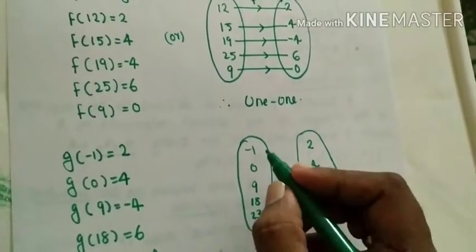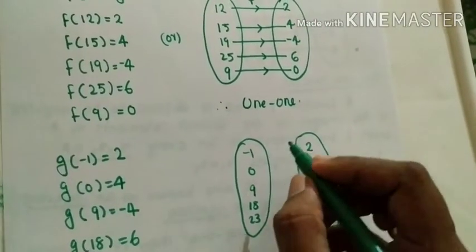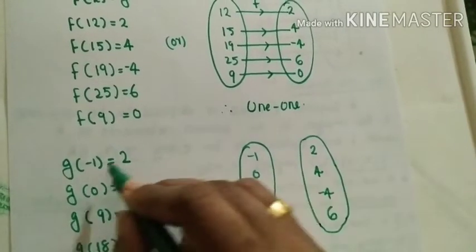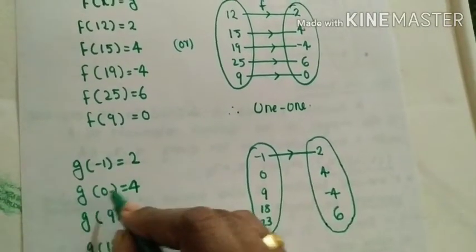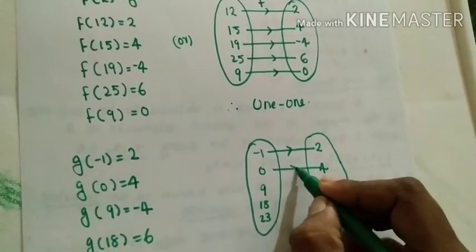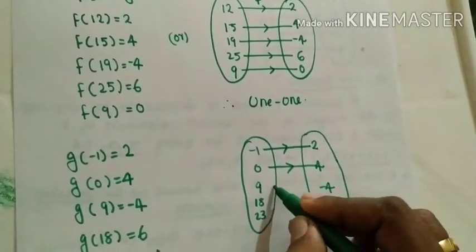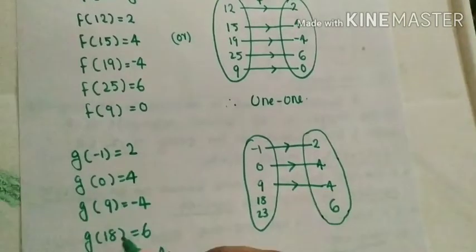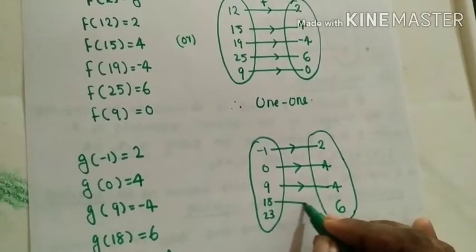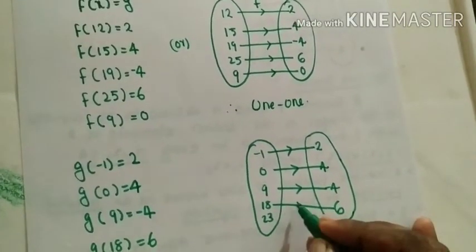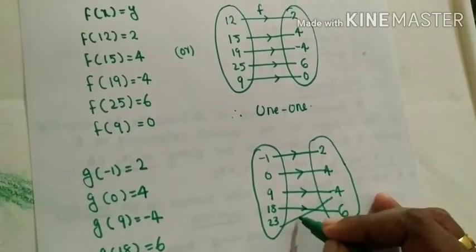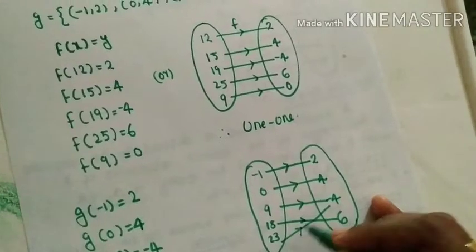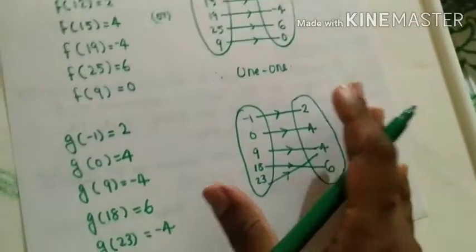Next we start to draw our arrows. -1 to 2, 0 to 4, 9 to -4, 18 to 6, 23 to -4.